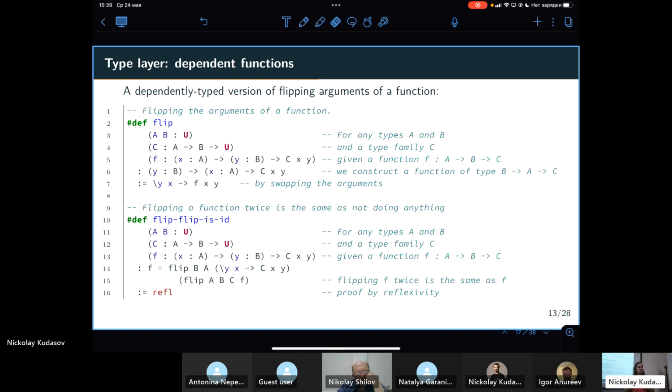And you can see that even though semantically this is a very simple function, because you just take x and y and you produce yx, the definition is very simple, right? It's just a lambda that takes y x and produces f of x y, right?